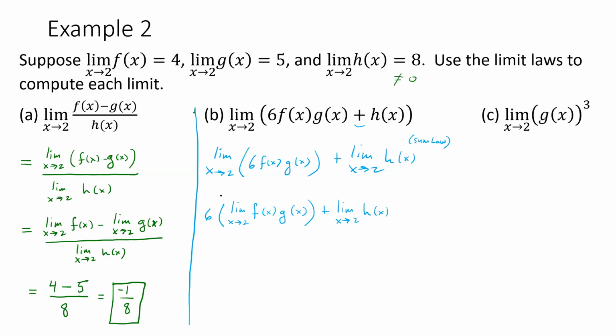So what law was that? That was the constant multiple, right? And then here I've got the product f of x times g of x. So then I can finally do that law, right?